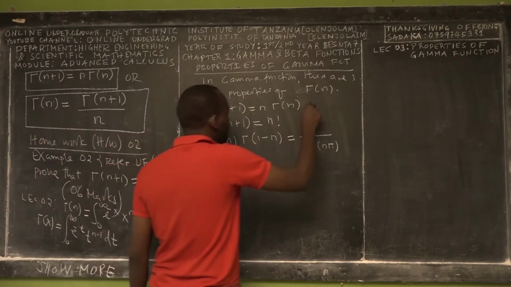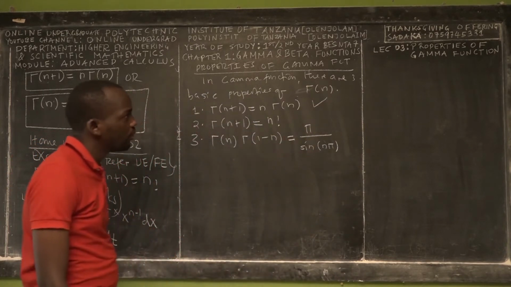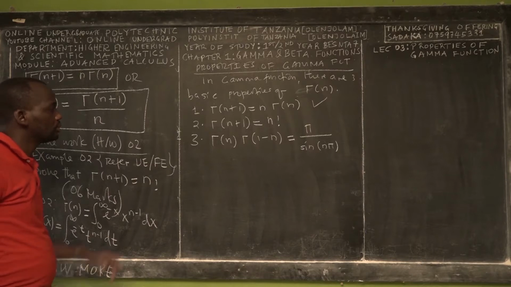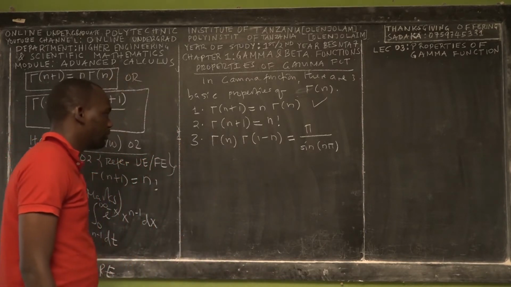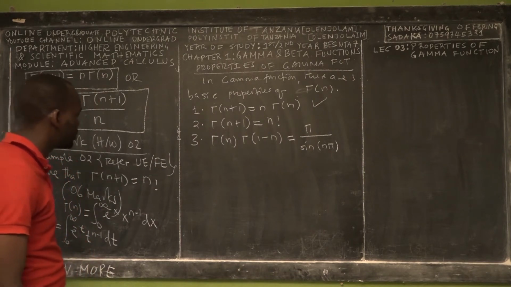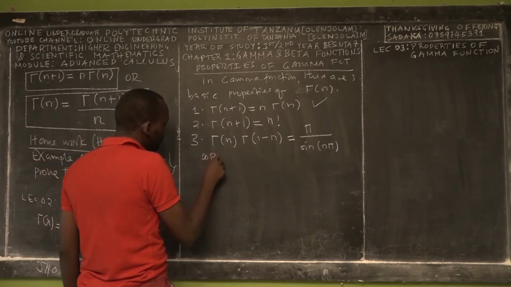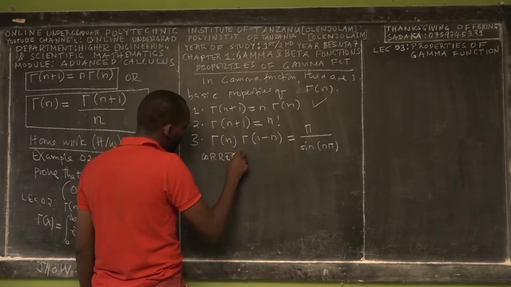We have already covered this in lecture 2. So let us focus on the second property, which is the correction of homework 2. I believe that you've tried your level best.